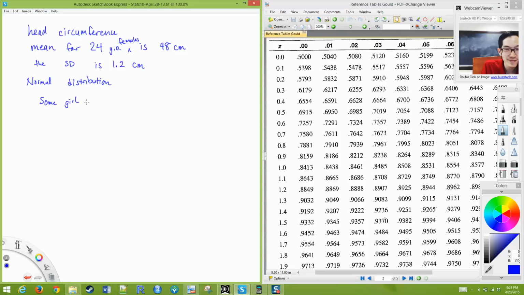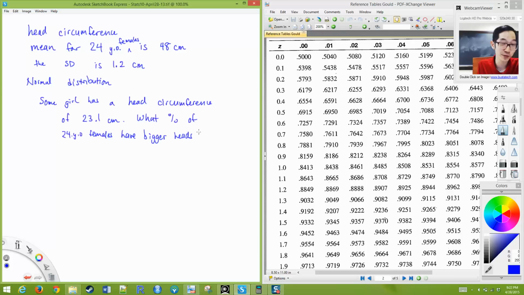That's a genetic problem here. Okay, so some girl has a head circumference of 47.1 centimeters. What percentage of females have head circumferences larger than that? Can we do this? Yes, we can.